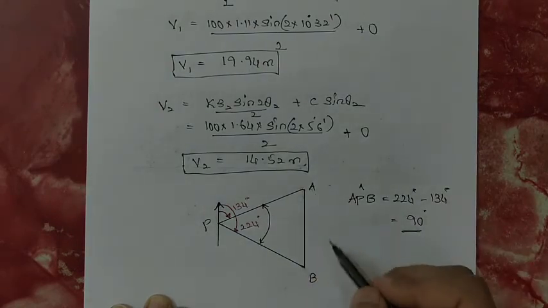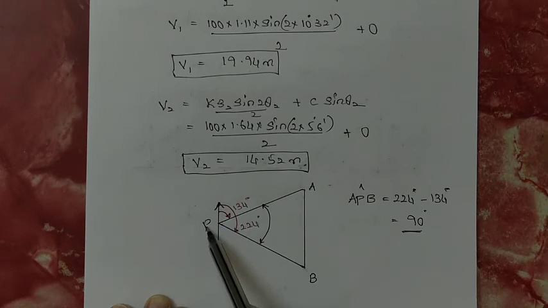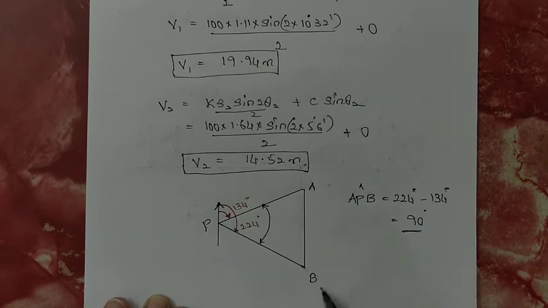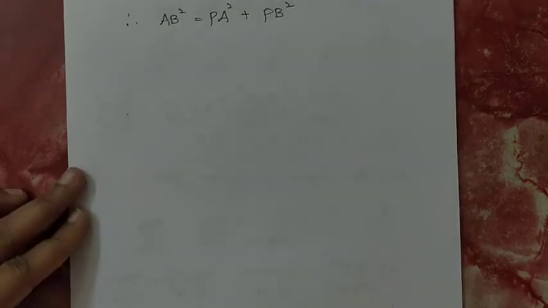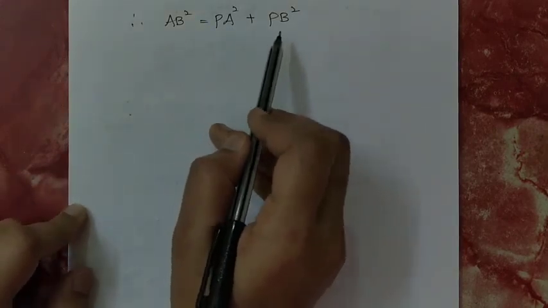Then you need to calculate the gradient, that is the distance between A as well as B point. You have calculated the distance between PA as well as PB, that is your D1 and D2. You need to calculate AB distance. The inside angle is 90 degree. Then applying Pythagoras theorem, AB square equal to PA square plus PB square.